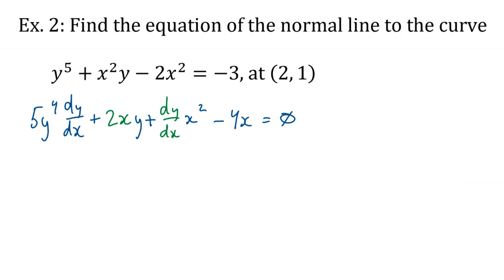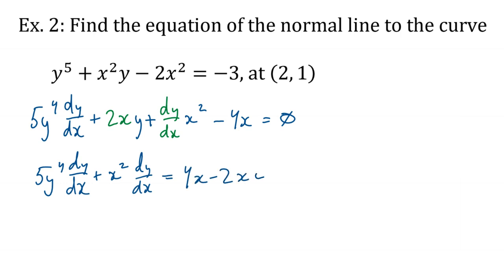If we want to determine the slope, this has to be in dy by dx form, solved for dy by dx. This one doesn't say find dy by dx like the other ones did and leave an implicit form. Doesn't say any of that, but we have to do that anyway, right? So 5y to the fourth dy by dx plus x squared dy by dx equals 4x minus 2xy.